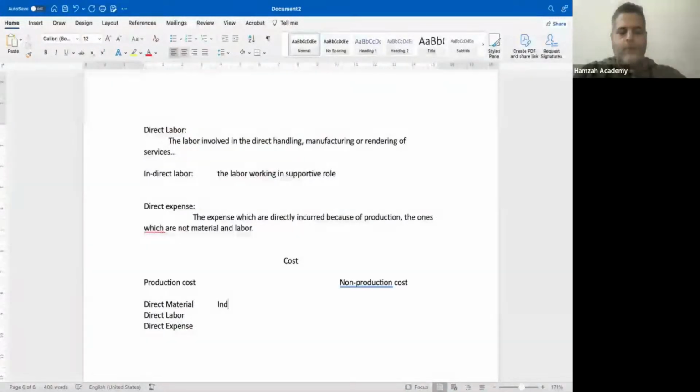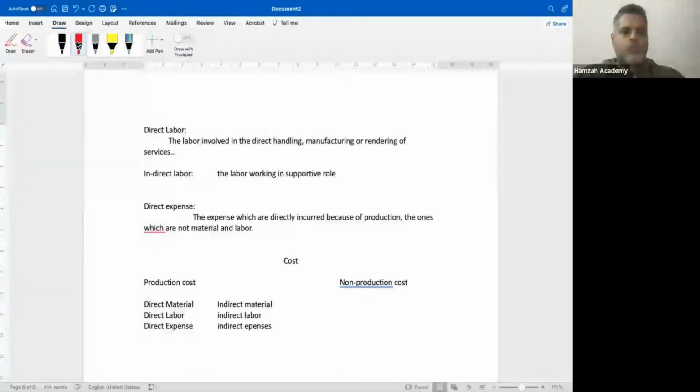Similarly, it can be indirect material, indirect labor, indirect expenses, right? So the production cost is the direct cost and the indirect cost.